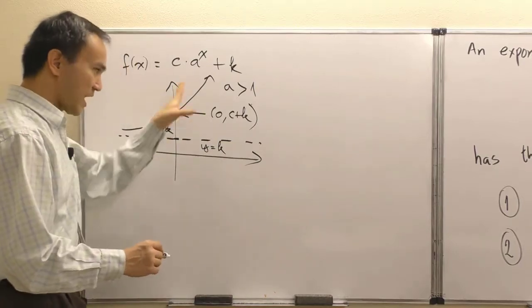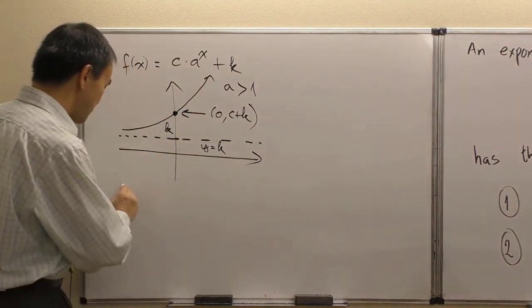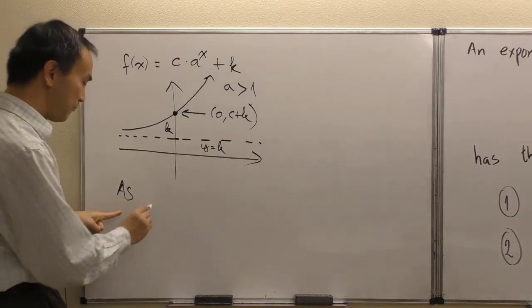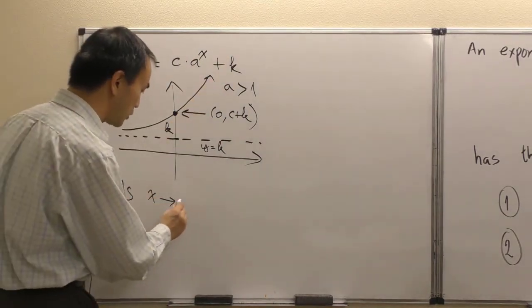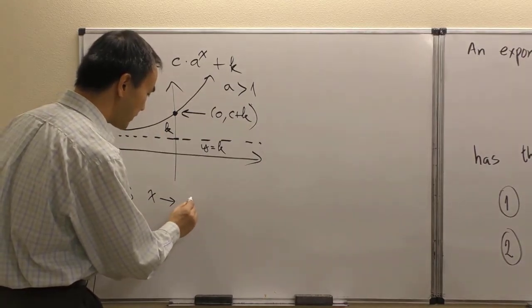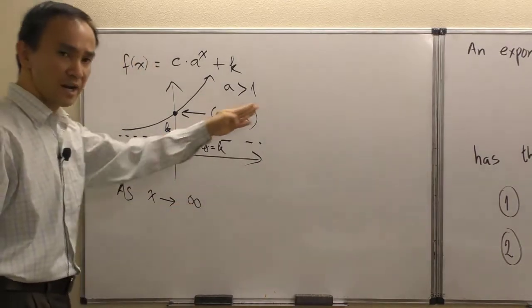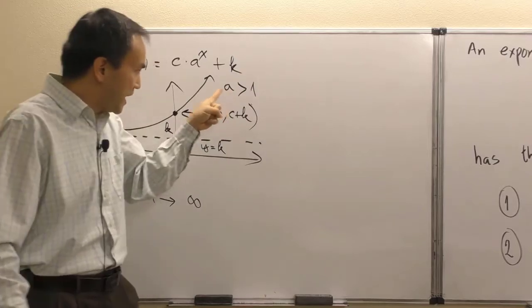In this way, for this particular graph, we talked about letting x go to positive infinity, the right end.